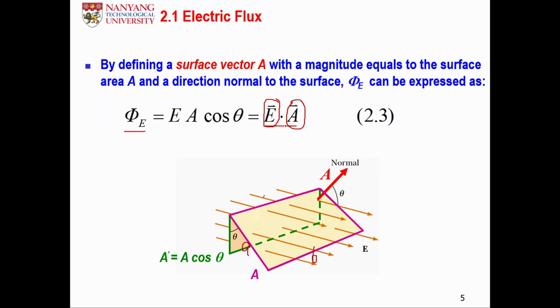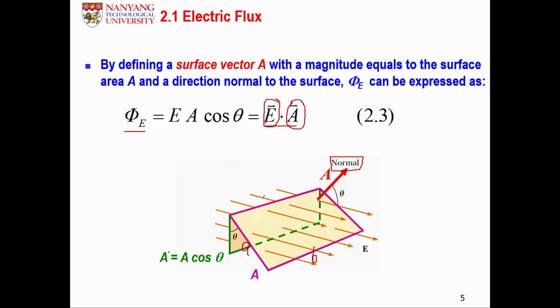While for the direction of this vector A, this is the way we define it. It has to follow the surface normal. The surface normal gives you the direction of the vector A, right? And again, this is just convention. There is no physical reason why A is defined in this way.